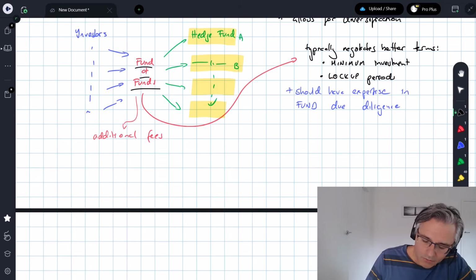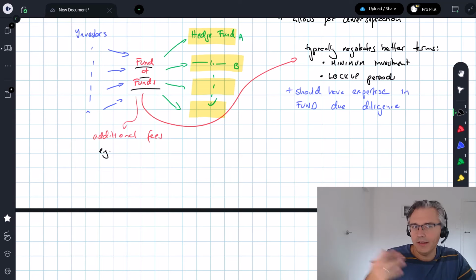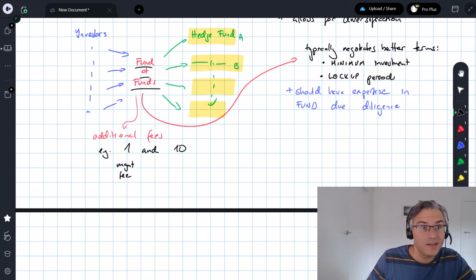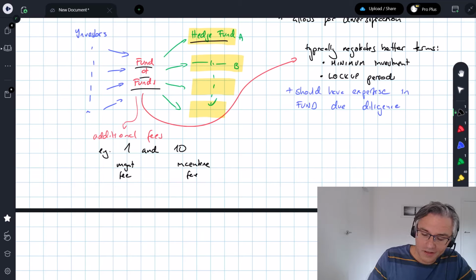Something you'll often see used in the curriculum is the 1 and 10: a 1% management fee charged by the fund of funds, and a 10% incentive fee, on top of the fees like the 2 and 20 or the 1 and 30 charged by those ultimate hedge funds.